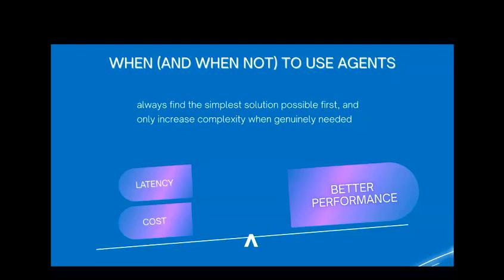To be frank, before we start building, as a software engineer, a product designer, or anyone who wants to build AI solutions, it's very important to carefully weigh the latency, cost, and performance trade-offs. If you want to build an agentic AI workflow, you need to consider that each communication between the AI agents costs you money and latency. For example, you build a solution for something that's very simple, but impossible.